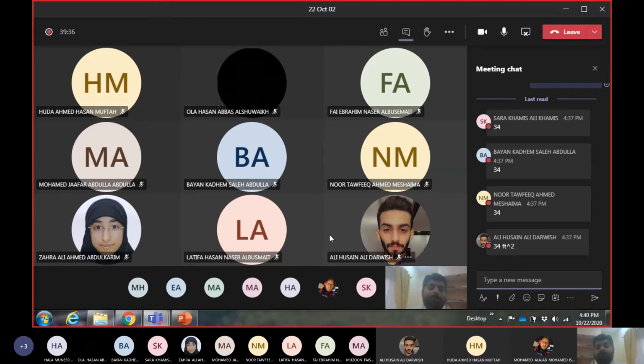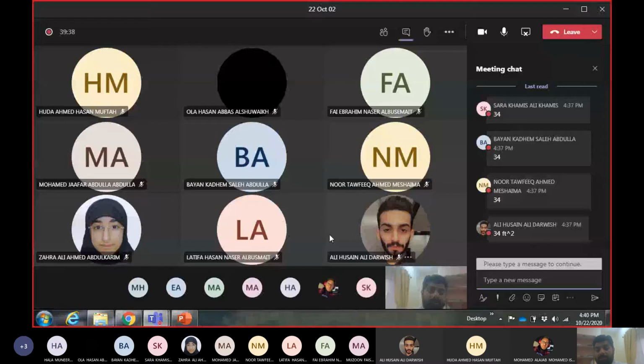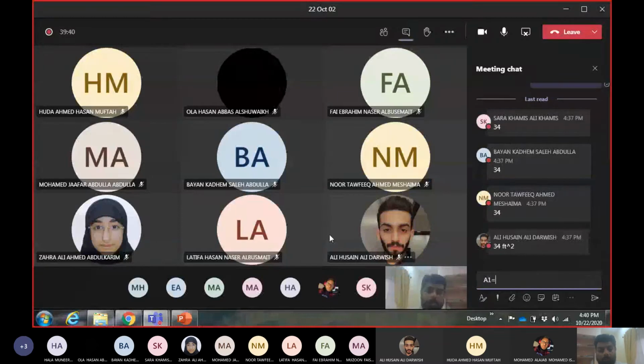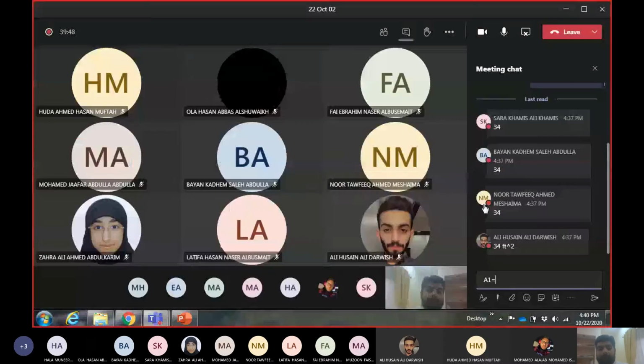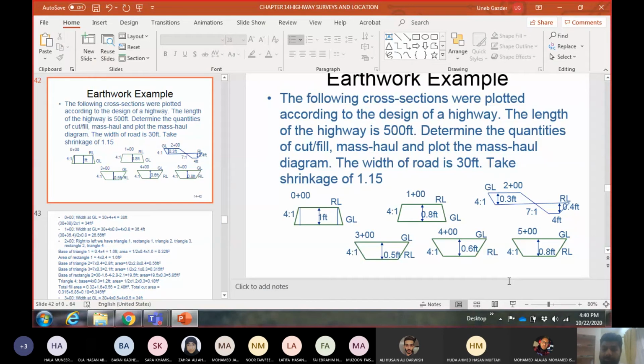Okay, going for station 1 now. So this was station 0. Now I'm going for station 1. So at station 1, again I have a triangle. Okay, the height of the triangle is now 0.8. The width is same. The width is 30. So 30 into 0.8 plus again the two triangles.